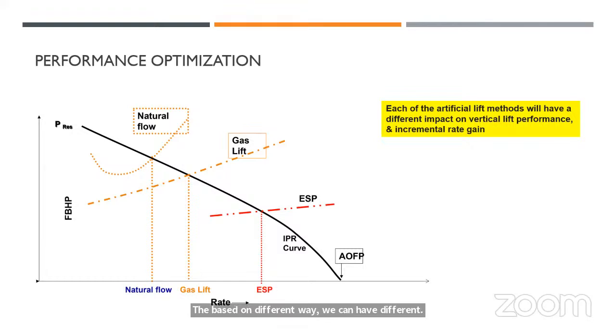So we can evaluate the effectiveness of each system on our well, or how much rate we can get by selecting, let's say, either operating the well naturally, or using gas lift, or using an ESP for this example. So we can evaluate the incremental rate gain by selecting the artificial lift system.